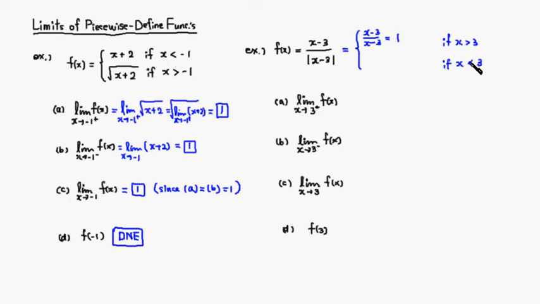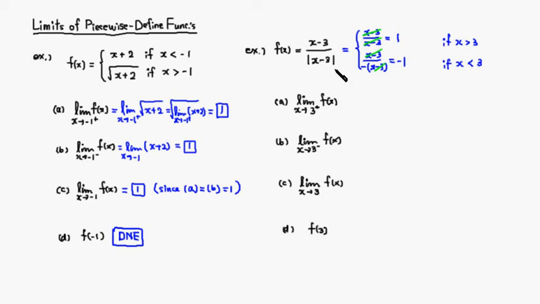If x is less than 3, then the absolute value sign will negate x minus 3 so that it becomes positive. We can still cancel x minus 3, but there's a negative sign, so this is going to give you -1.